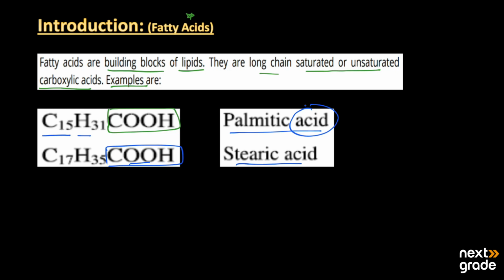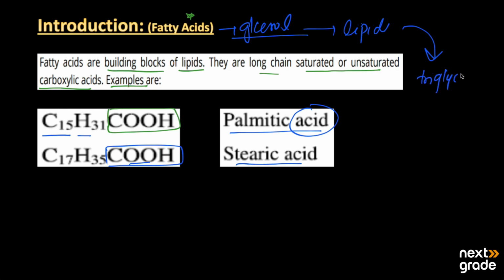Basically, fatty acids are carboxylic acids, and they mainly form esters of long chain fatty acids which attach with glycerol and make up the lipids. As three fatty acids or ester groups are attached, they are known as triglyceride.